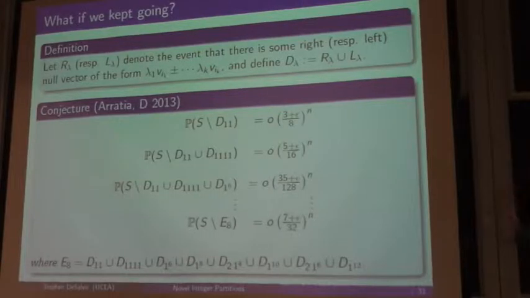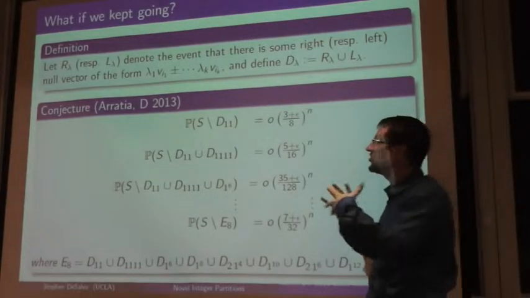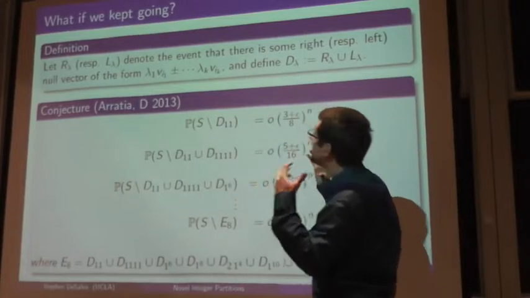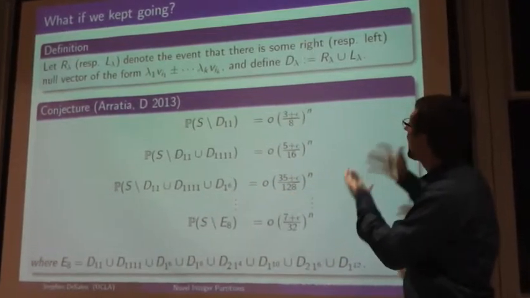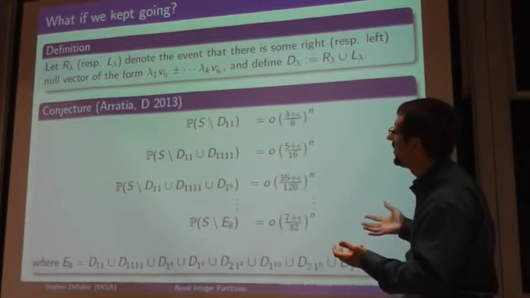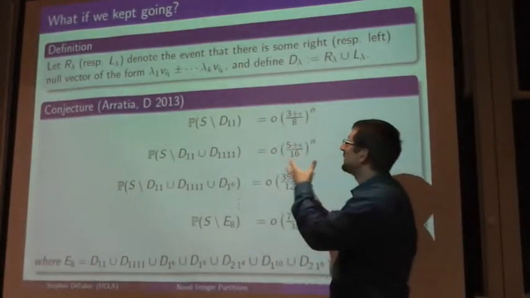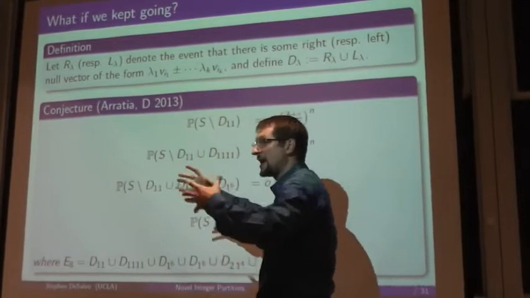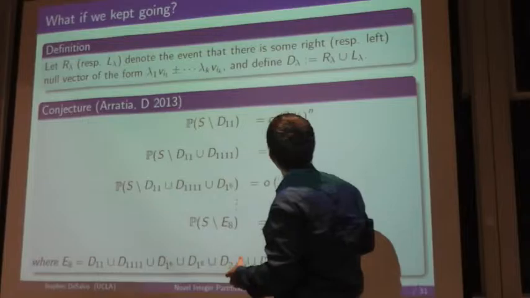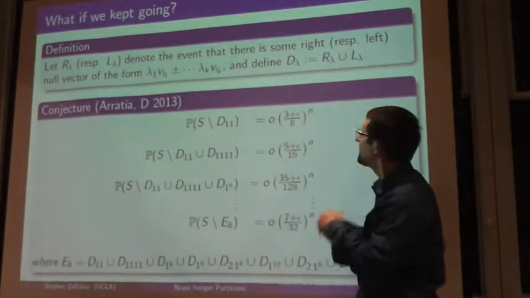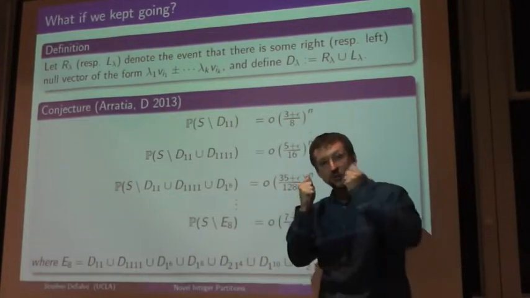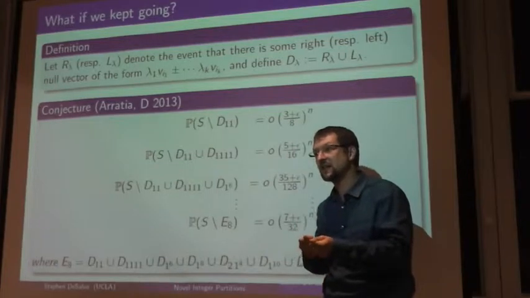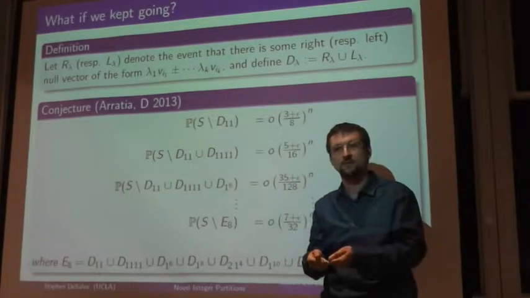So combining these two ideas, you look at the event that there is some right or left null vector of the form lambda 1 through lambda k times the appropriately padded vector, and you define D lambda as the event that the singularity was caused by that form of a null vector.